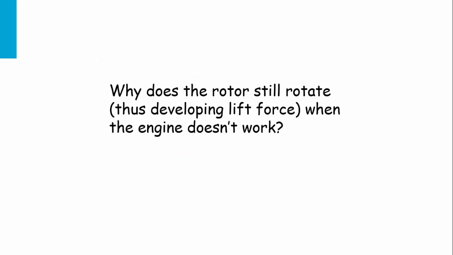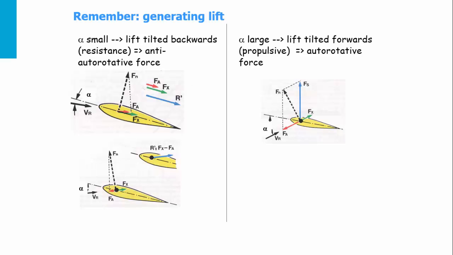Why does the rotor still rotate and thus develop lift force when the engine is not working? The explanation comes if you recall the way the lift is generated. You remember that at the level of the rotor, at the profile, if the angle of attack is small, the lift vector is tilted backwards, and actually the lift force is creating a drag force.